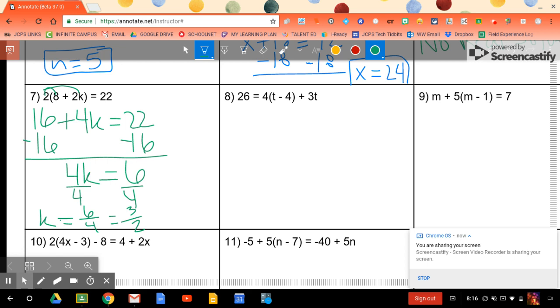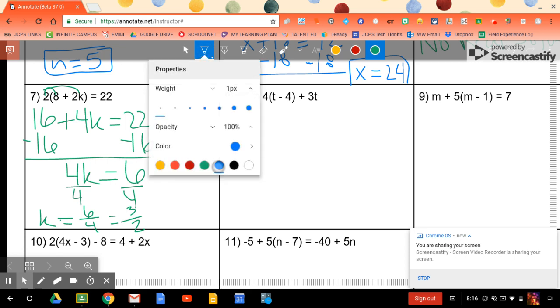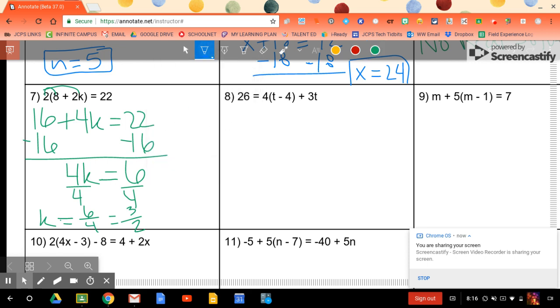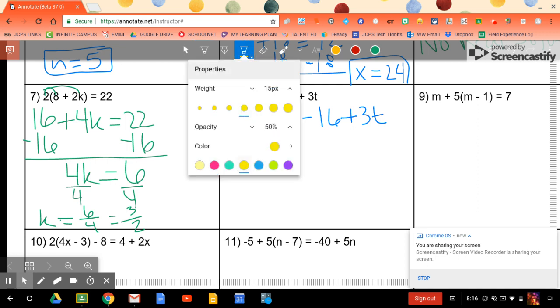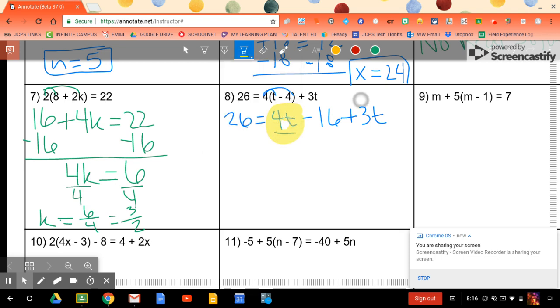Okay, moving on to number 8. Our first step is our distributive property. So we get 26 equals 4t minus 16 plus 3t. We then combine our like terms because we have our 4t and we have our 3t. So those are like terms.